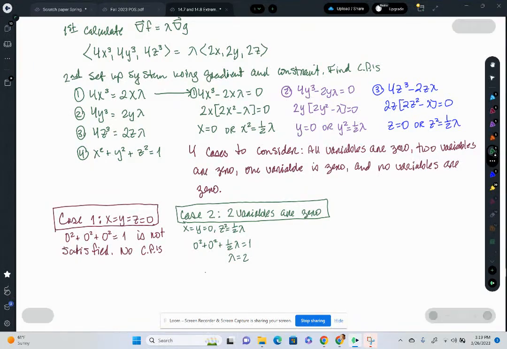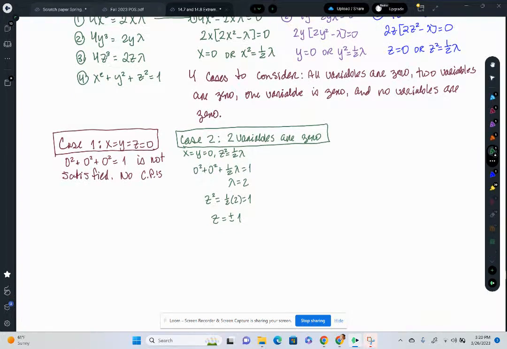And that further means that z squared is equal to 1/2 times 2, which is 1. And that means z is equal to plus or minus 1. So I'm getting two critical points from this. I get the case where x and y are 0 and z is plus or minus 1.